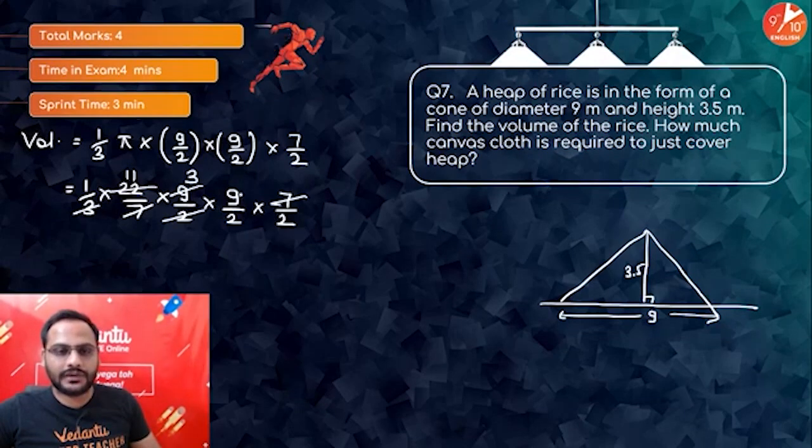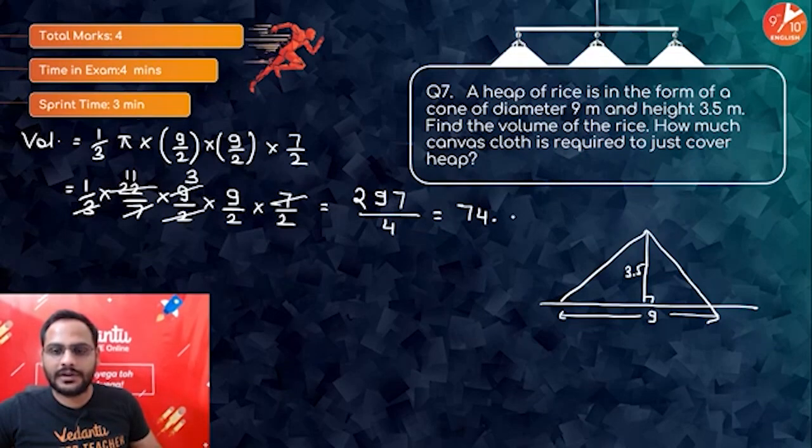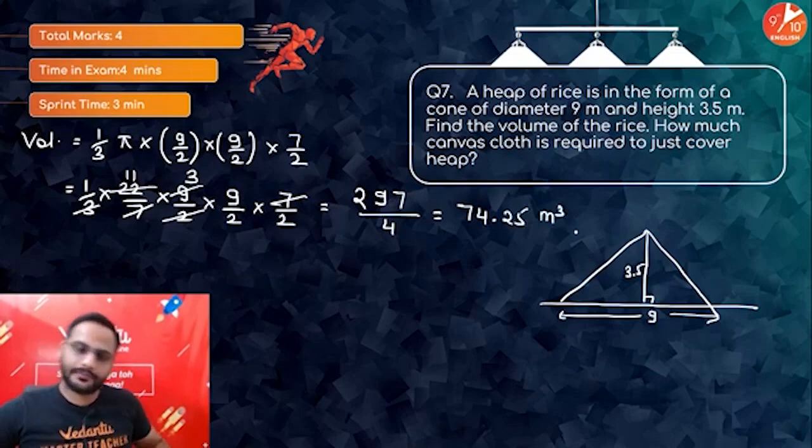So 3 nines are 27 into 11. You will be getting 27 into 11 will be 297, and here divide by 4. So 4 sevens are 28. Then here remainder 1. 4 fours are 16. Then remainder 1.25 here, meter cube.